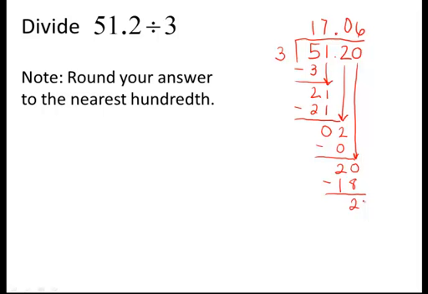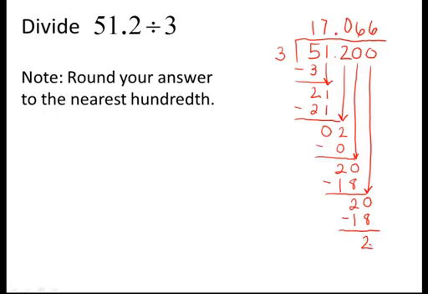I still do not have a decimal that is expressed to the thousandths place. So again, I'll add a 0 and bring it down. 3 goes into 20 6 times. Again, 6 times 3 is 18. And 20 minus 18 is 2.